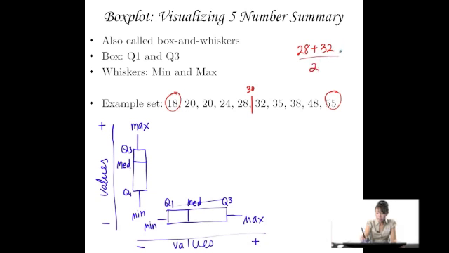Just find the average of those two numbers, and that's 30. Visually, I just think of it as what's in the middle of 28 and 32. And then let's find Q1 and Q3. So what's in between here and here? That's 20.